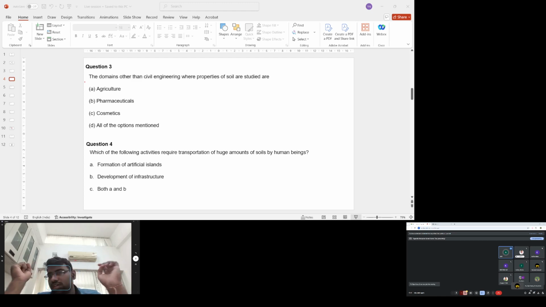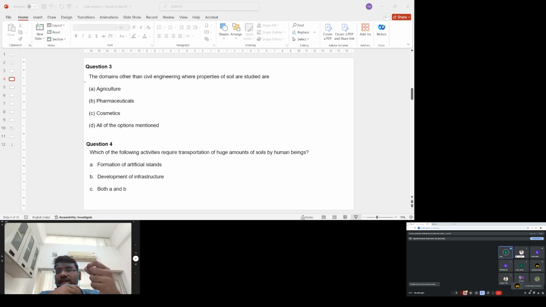B is pharmaceuticals. You will be studying a property of the soil, the surface area of the grains, and several applications of it. For example, you might have come across fly ashes. Some of the byproducts modified from fly ashes are known as zeolites.